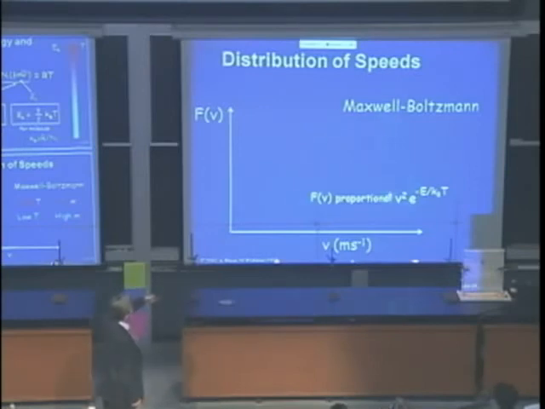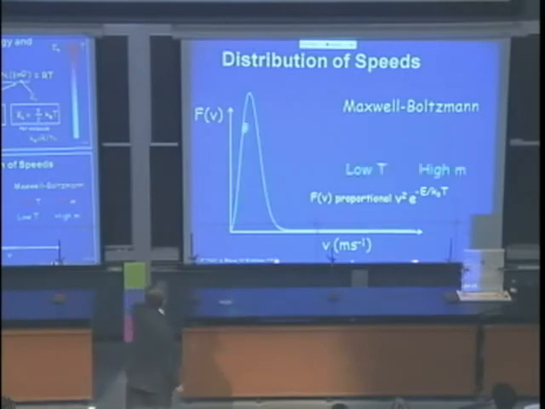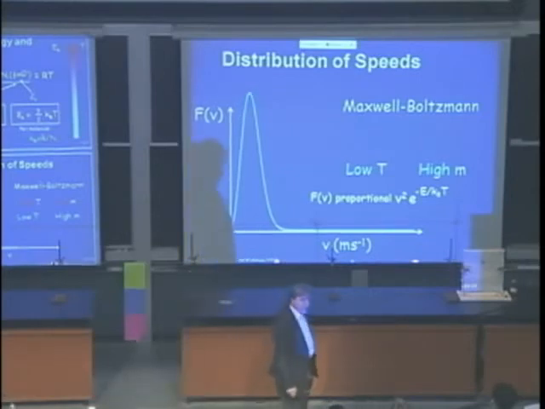It's the speed squared times e to the minus the kinetic energy, divided by kB times T. This is for one particle, okay? And this would be the distribution of speeds that the one particle could have if we follow it. That means this is a pretty low speed here, and this must be a pretty cold gas, okay? Or a very large particle. That would also be possible.